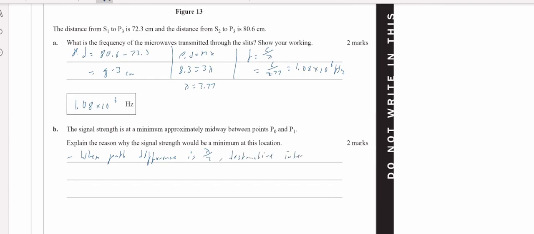Because between P0 and P1, the path difference is lambda by 2.